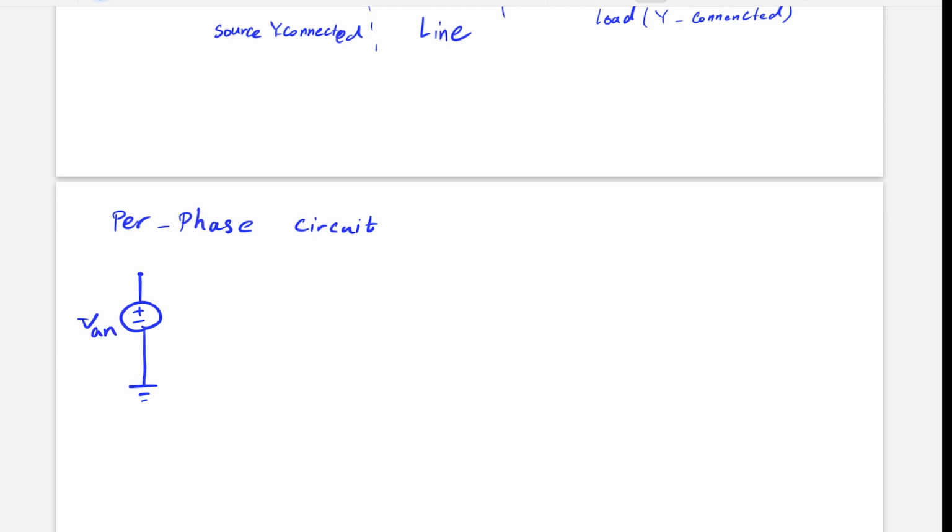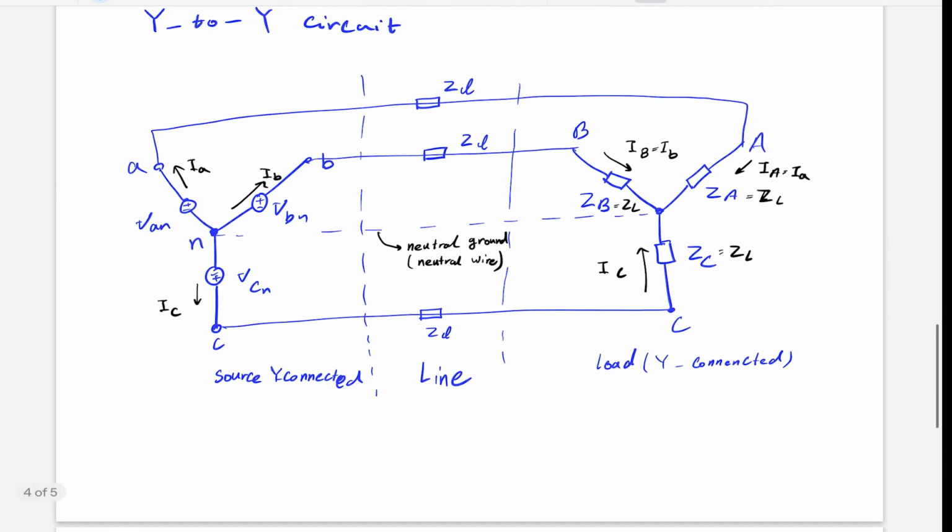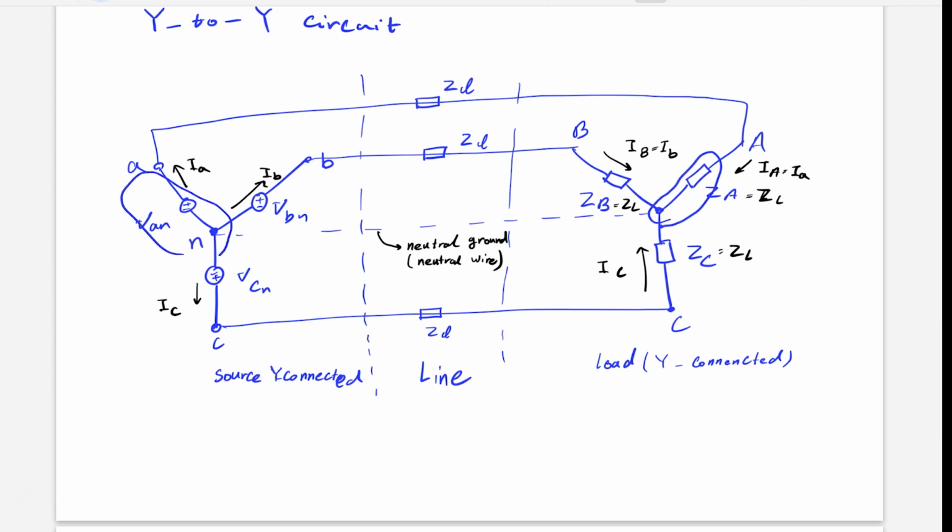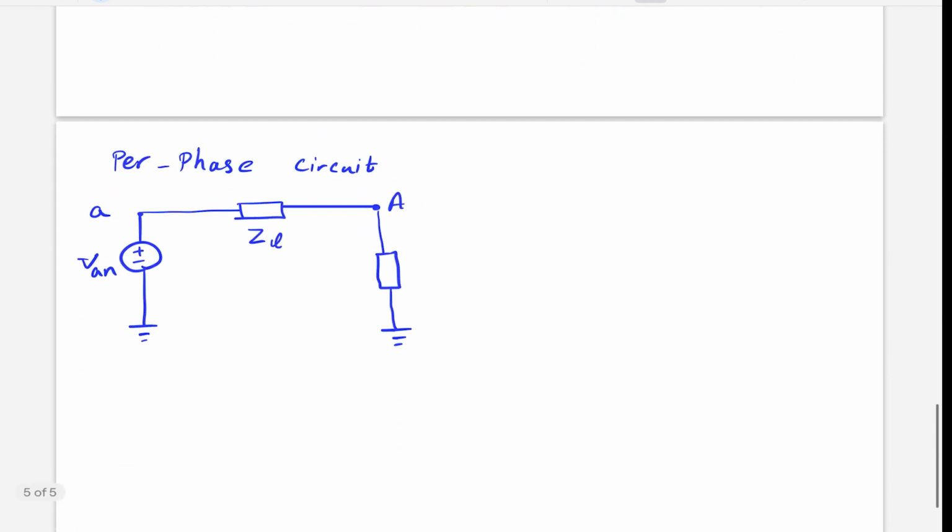On the source side, we use a little a, and then we have the transmission line impedance, ZL, and we connect it to node A. And this is our load, connected to the ground again, which is node N. As you can see, this is connected to load N, and this is also connected to load N, so there is no difference.